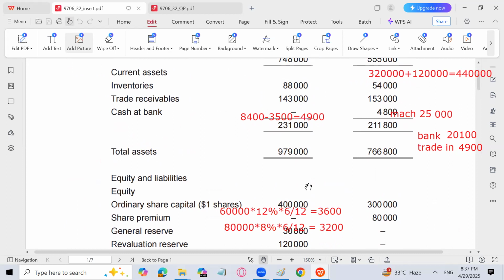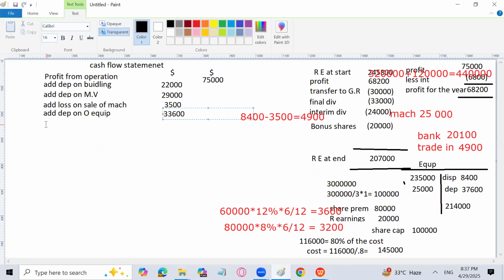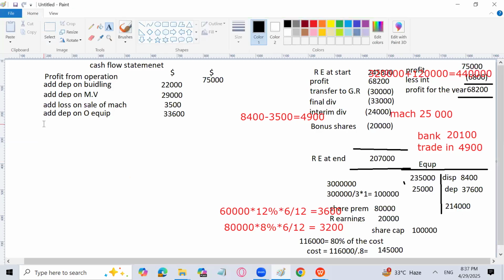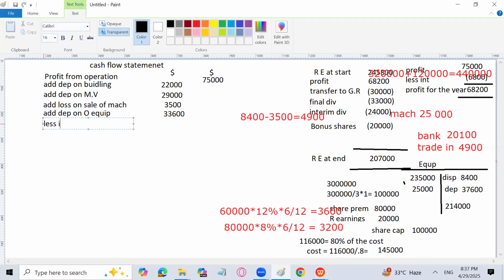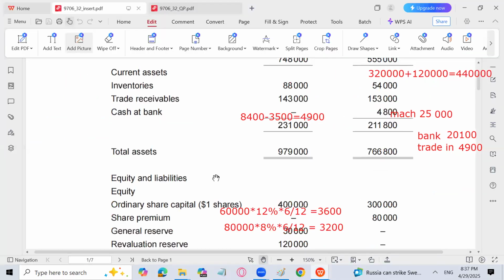Less increase in inventory, because it is a cash outflow, and decrease in trade receivable. Increase in inventory will be an outflow because we are purchasing the inventory, and decrease in trade receivable will be an inflow because we are collecting the amount from trade receivable.